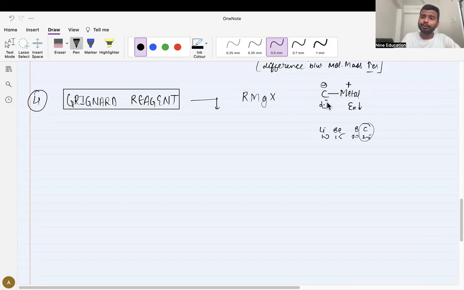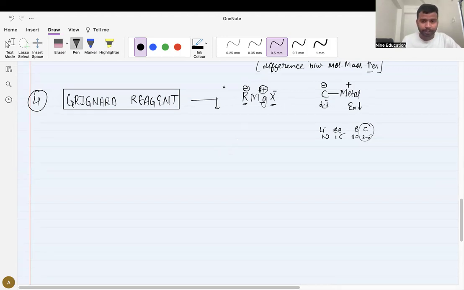Carbon is more electronegative than metals. So in RMgX, you will get R as negative, Mg as 2 positive, X as negative.